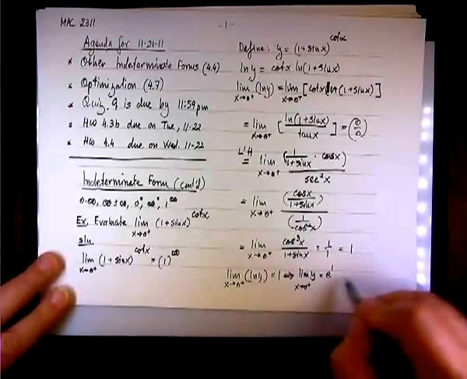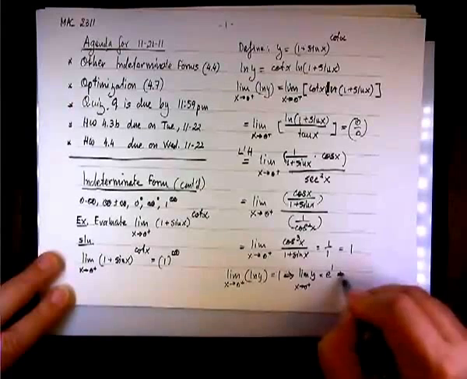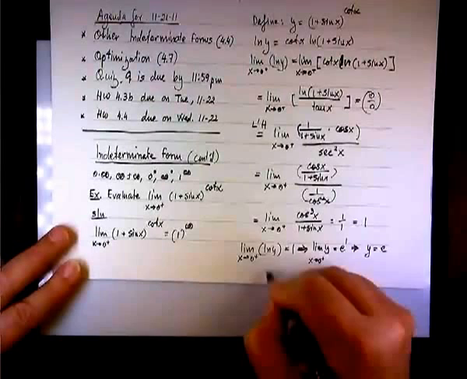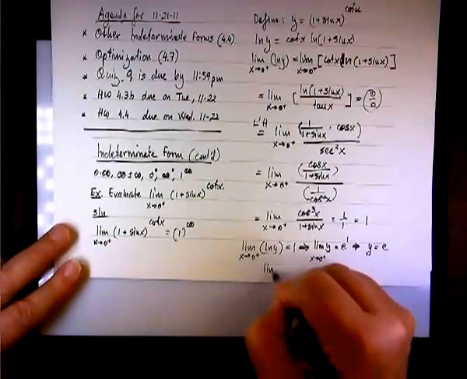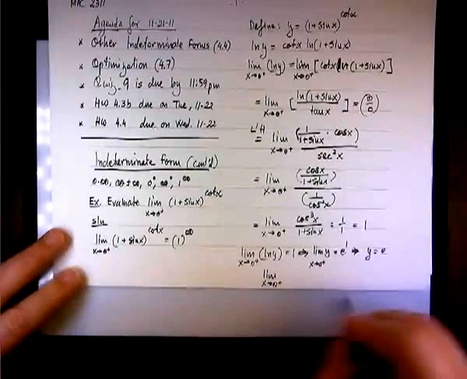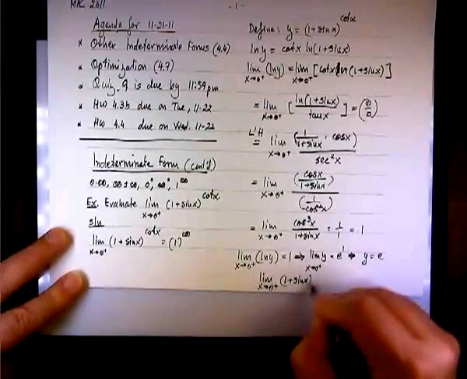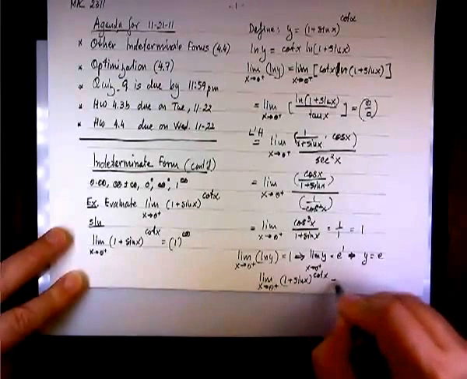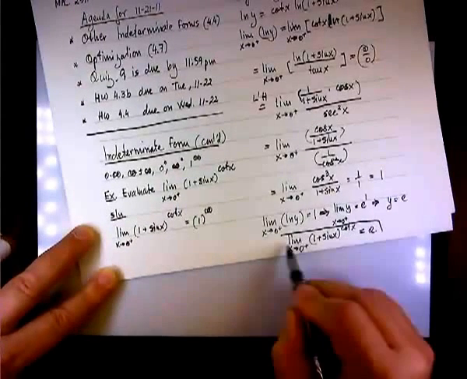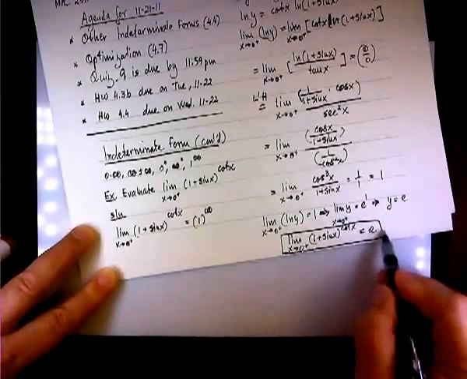And therefore, since this is a constant, y equals e. And we can conclude that the limit as x approaches 0 plus of the function that we started with, 1 plus sine x raised to the power of cotangent x, equals e. Let's see if I can squeeze it at the bottom of the page.